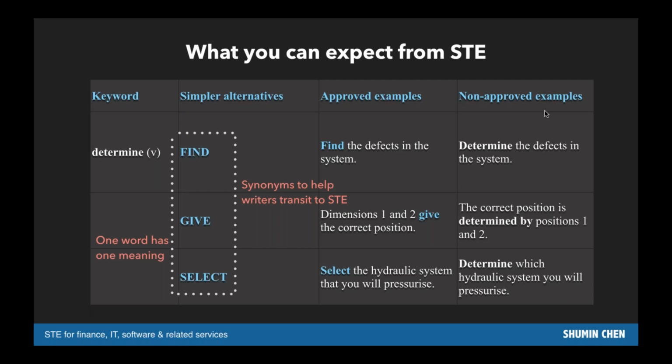So one of the rules from STE I would consider the most important basically tells us that you can only use approved words, and that is where Simplified English becomes really different from corporate style guides, because the specification includes a core vocabulary of around 930 words.